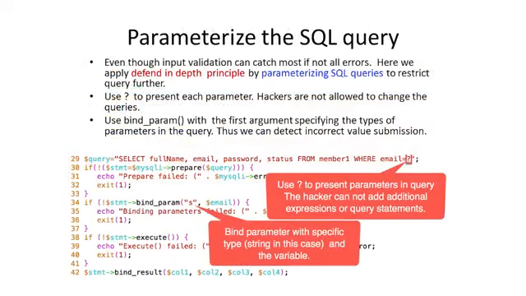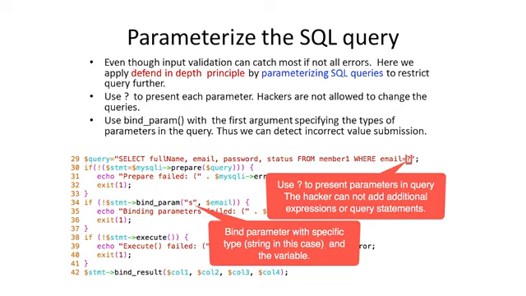Even though the input validation can catch most, if not all, of the errors, here we apply a defense in depth kind of principle by implementing the parameterized SQL query so that we can restrict the query execution further. Here is the idea.